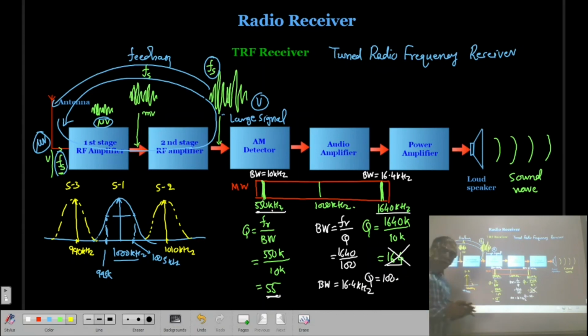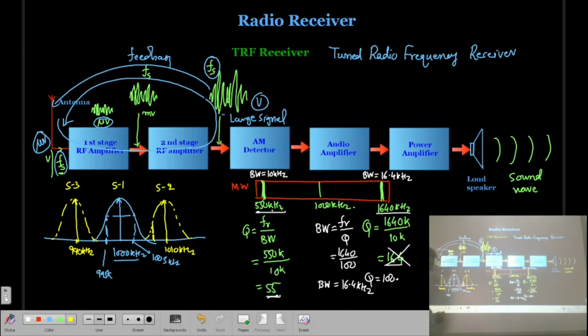Now if the bandwidth increases, what will happen? Instead of 10 kilohertz, if it becomes 16 kilohertz, then 16 kilohertz means this will be 1000 plus 8.